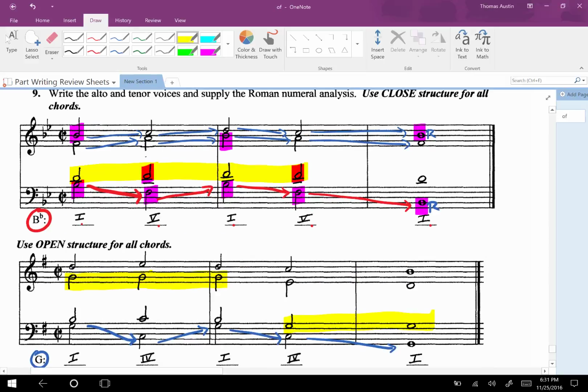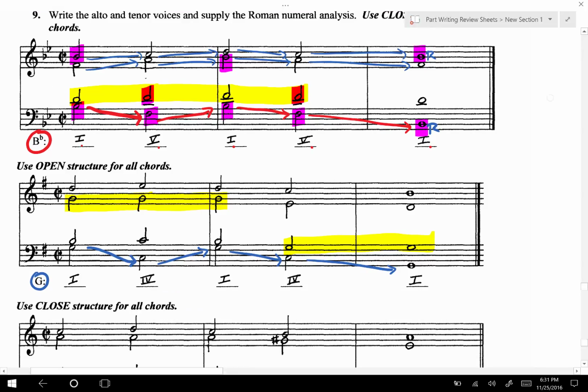Notice too that all of these chords I have here are in open spacing, which is what the directions provide. And I'll put my chord dots in so you can see that.